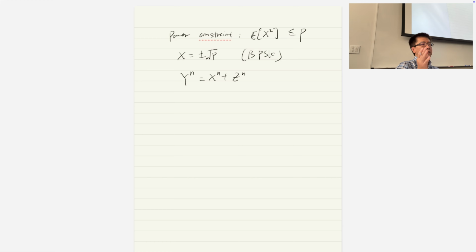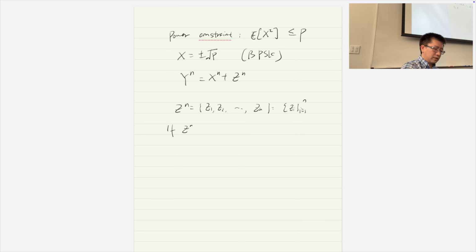Now if you consider a vector X, it's up to design. It can be anything we want, but Z is given by nature. So here one very important assumption for Z is that Z are IID. We assume Z^n equals Z1, Z2, up to Zn, which we denote as Zi, i from 1 to n. We assume that they are IID.